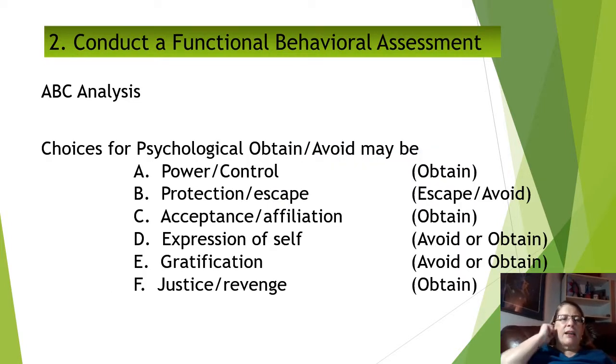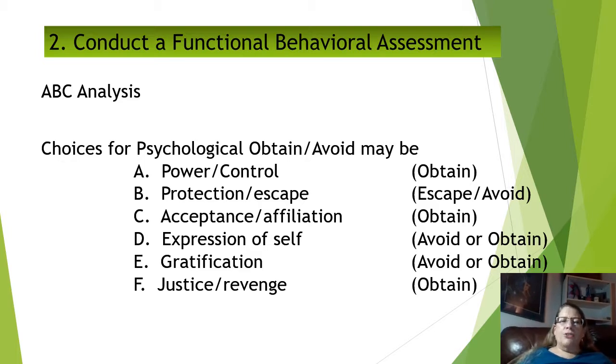Now here are some psychological obtain and avoidance things that have been addressed in other books, and I wanted to cover those because you might hear people talk about these from a psychological standpoint. Be understanding that they are still based on functional work.